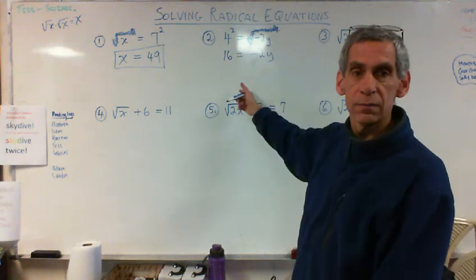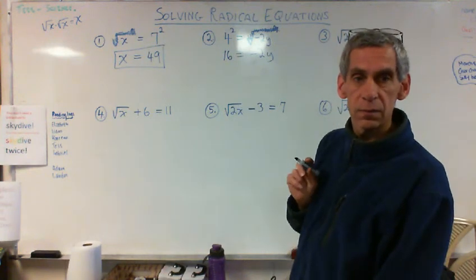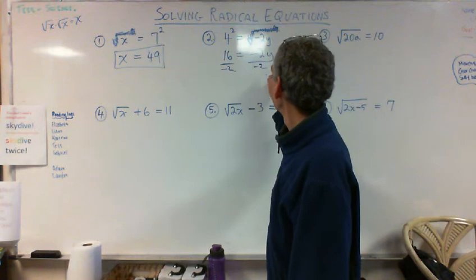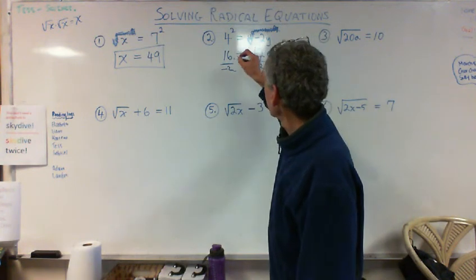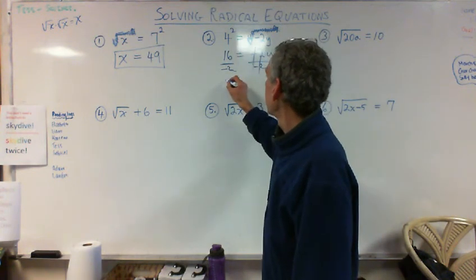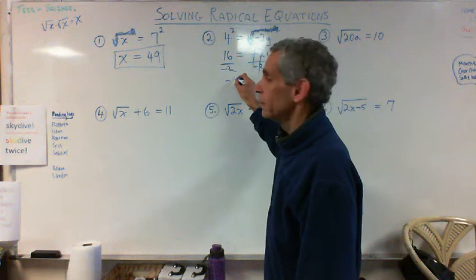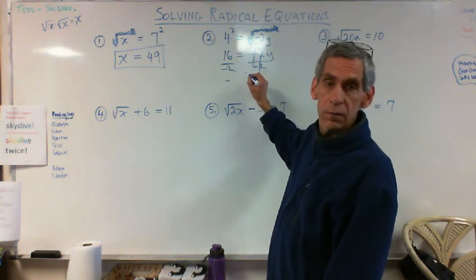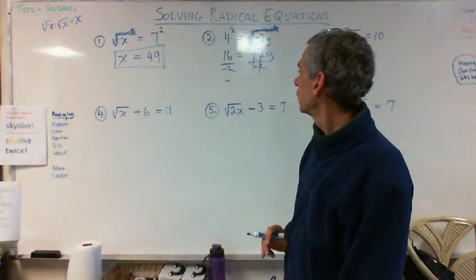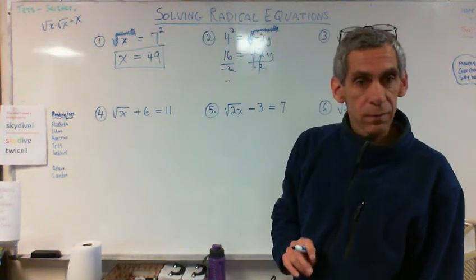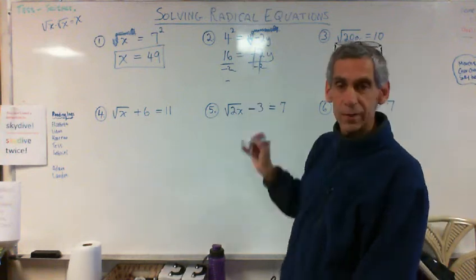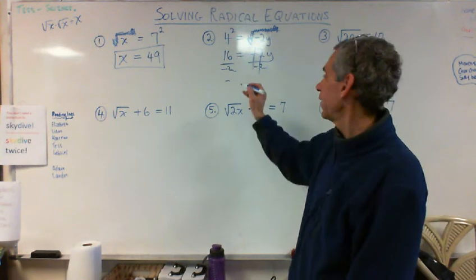What would you do now? Yeah, divide by negative 2, and then those cross out. That becomes negative what? Negative 8.